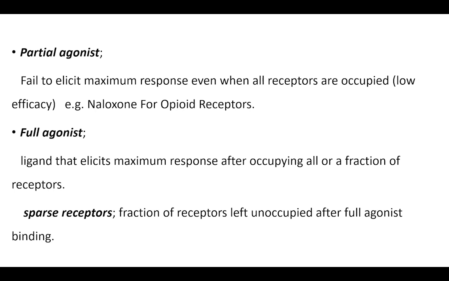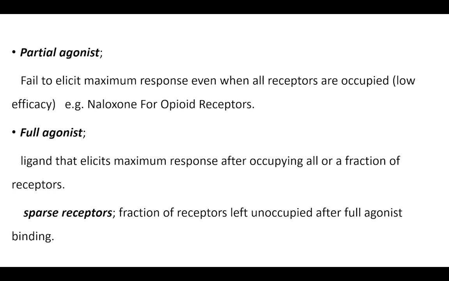So they have low efficacy. As we showed initially, efficacy is the ability of the drug-receptor complex to produce the desirable or maximum response. So partial agonists will have a low efficacy. They will not have that ability to bring about the maximal response.